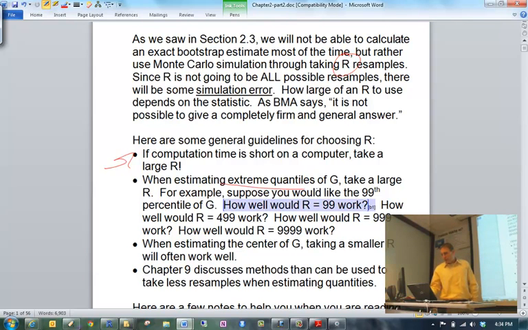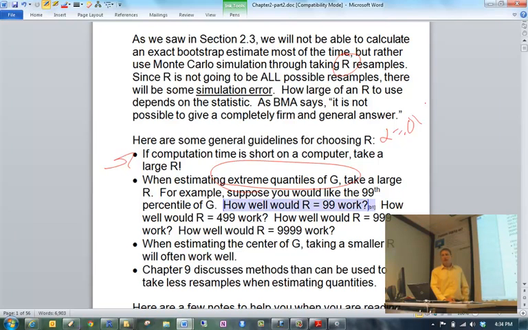When estimating the extreme quantiles of the distribution of t or t minus theta, you do need to take usually a larger value of R. And we've kind of discussed why before. Let's say that you're interested in the alpha equal 0.01 quantile from a distribution G. And if you take only 99 resamples, what does that mean for you?